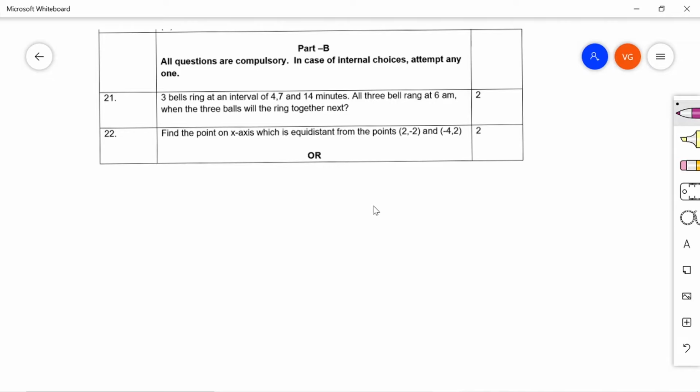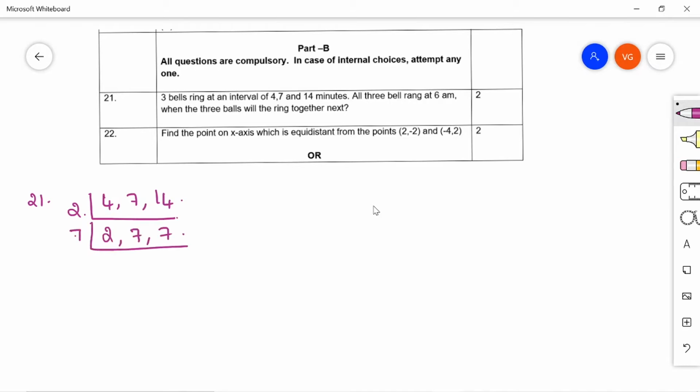For this type of question, whenever they are asking about together, you have to take the LCM of the given 3 numbers. So you can write it down: finding the LCM of 4, 7, 14. Here you will get the final answer. I'm taking LCM 2, 7 and 7.